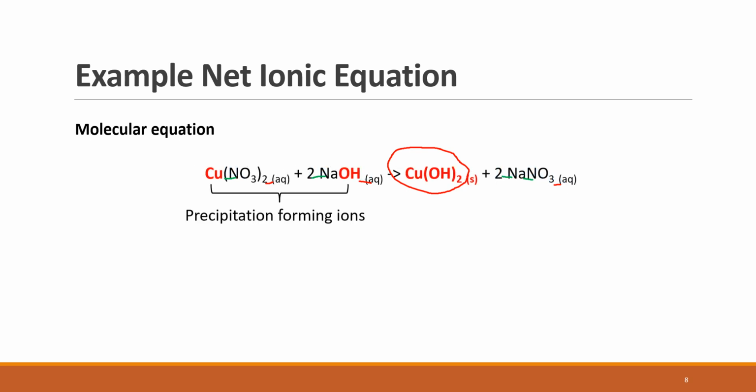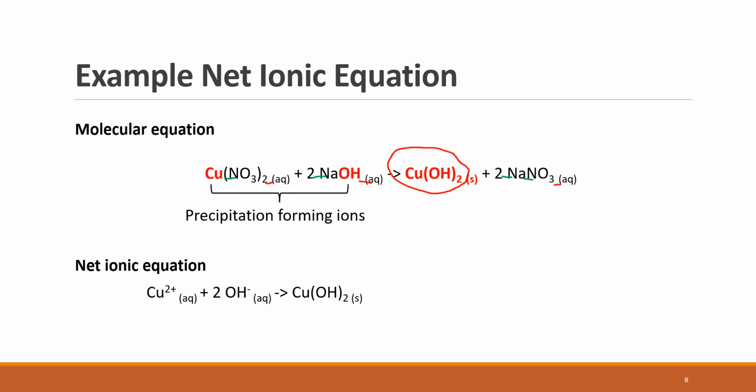That also means then that the copper and the hydroxide ion on the reactant side, those are the two ions that form the solid on the product side. So those are the precipitation forming ions. So when we write our net ionic equation, we only want to include the ions that form the solid.